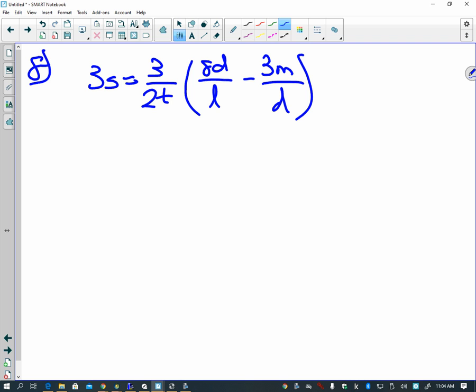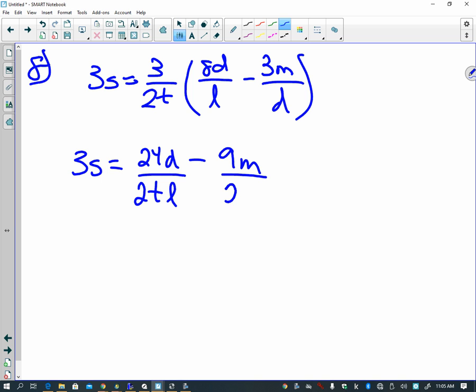Okay, so you have a couple options here. I would go ahead and distribute the 3 to the numerator and 2t to the denominators. That's going to give 3s equals 24d over 2TL minus 9m over 2TD.